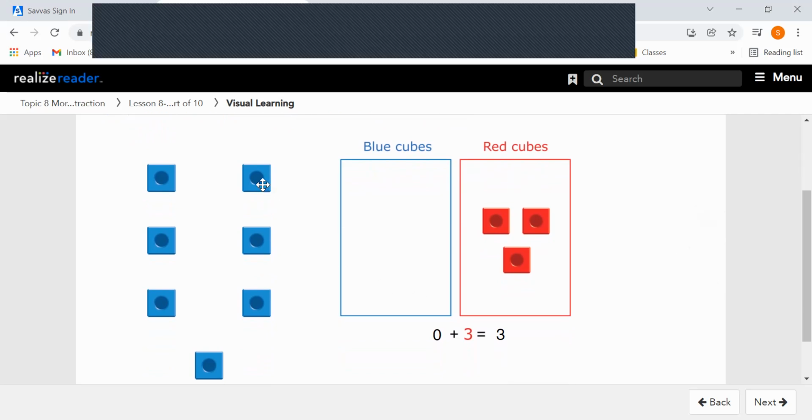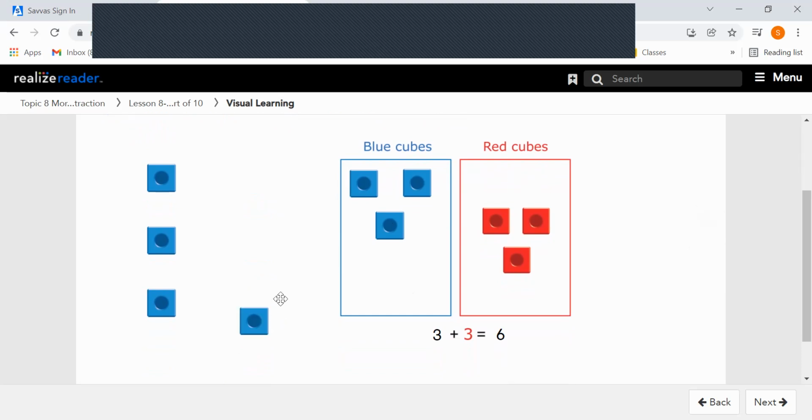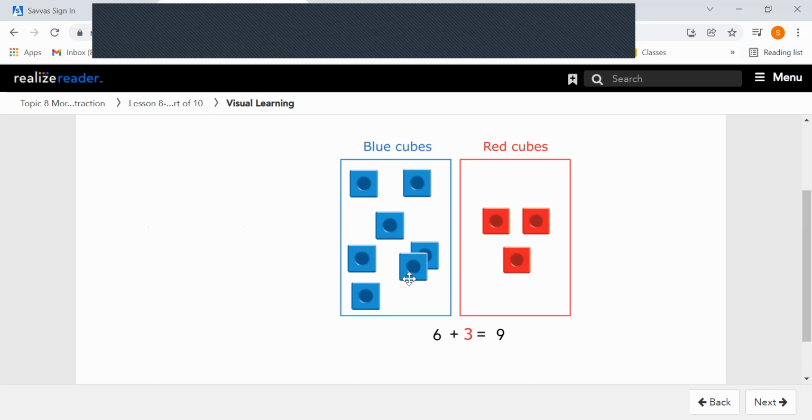I'm going to count from 3. So 3, 4, 5, 6, 7, 8, 9, 10.